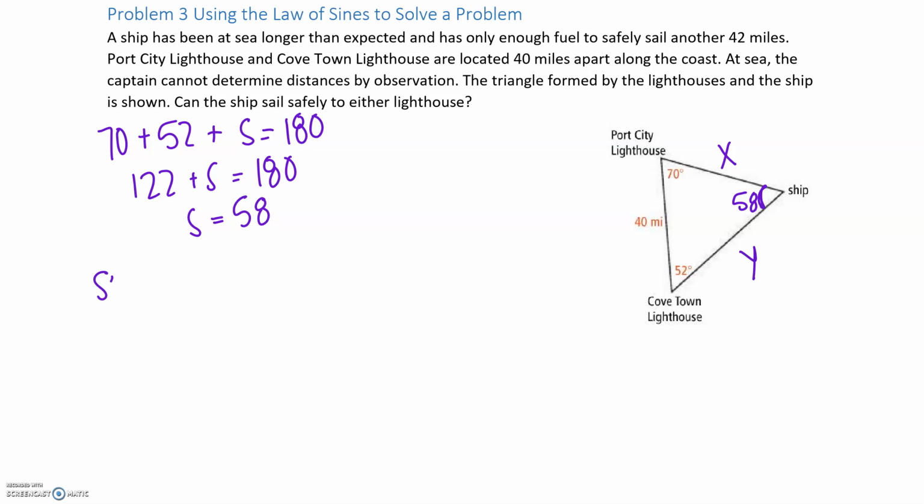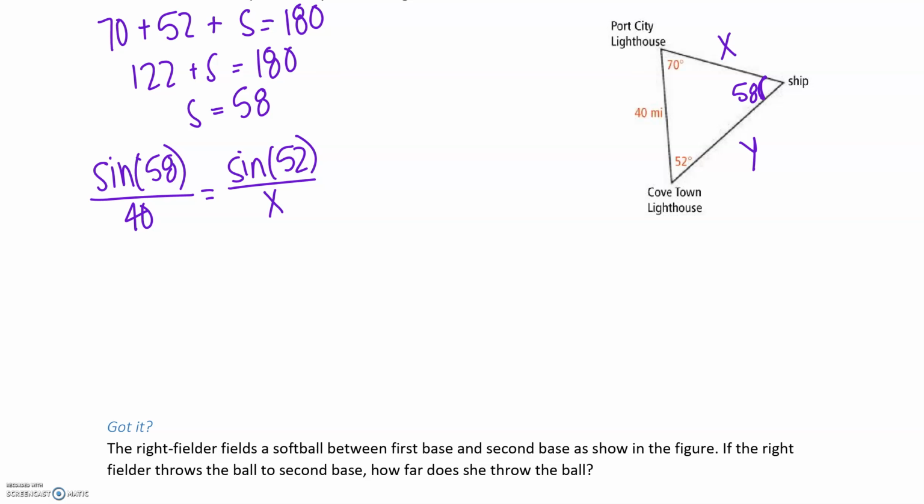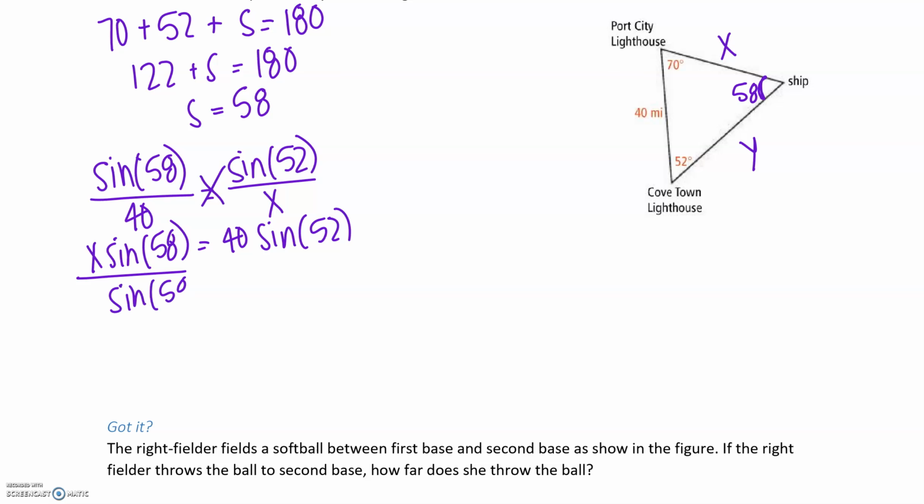So we're going to have that sine of 58 over 40 equals, let's solve for X first, so we're going to have that sine of 52 over X. So to solve for that, we're going to cross multiply, which gives us X sine of 58 equals 40 sine of 52. Divide both sides by that sine of 58.